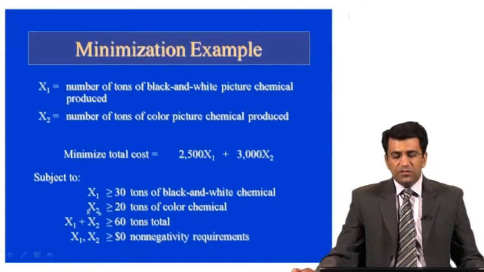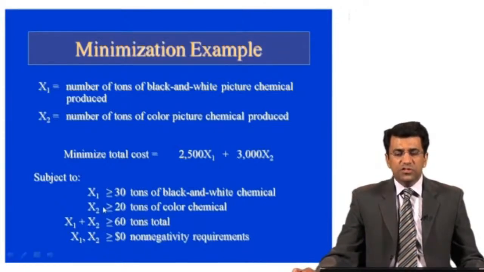The second constraint in this particular case is x2 is greater than equal to 20 tons of color chemical, which means that if we want to produce a product by the combination of both of these chemicals, then this is the limit of using that chemical. If we use below that particular limit, that will not work actually for the chemist or some operation manager.